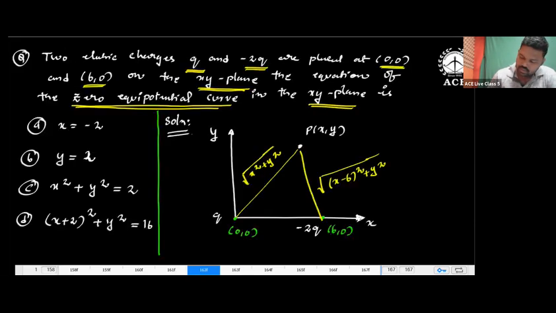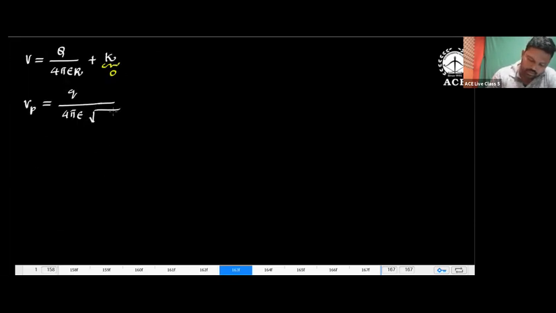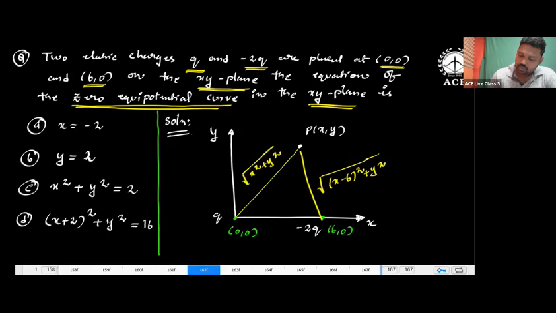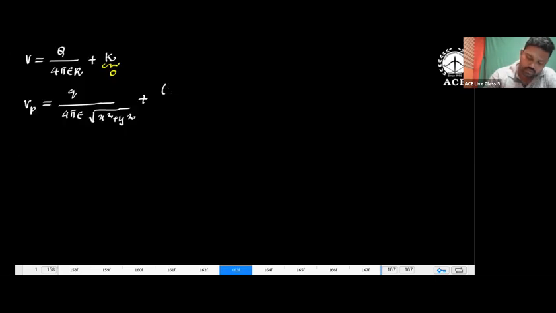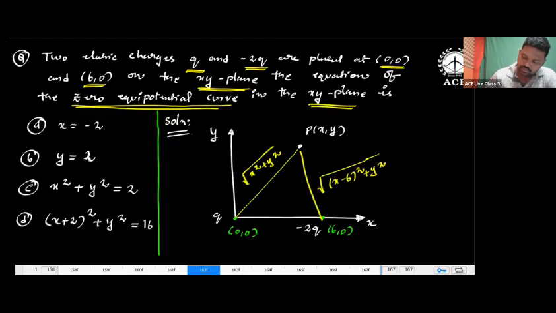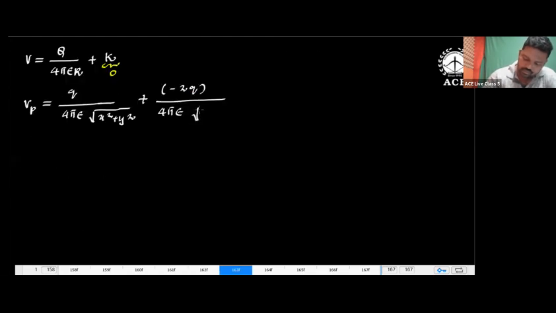How much is the distance, beta? The square root of x square plus y square, plus there is one more charge. What is it? Minus 2Q divided by 4 pi epsilon times the square root of (x minus 6) whole square plus y square, which is equal to 0.